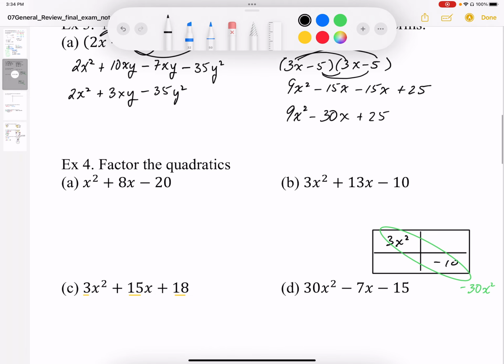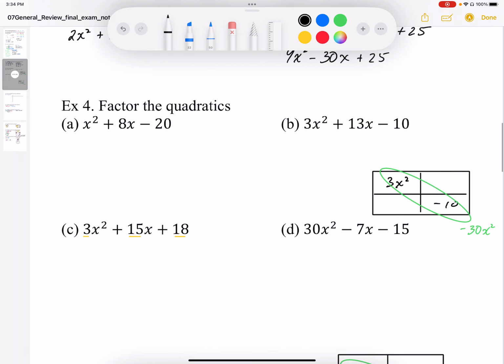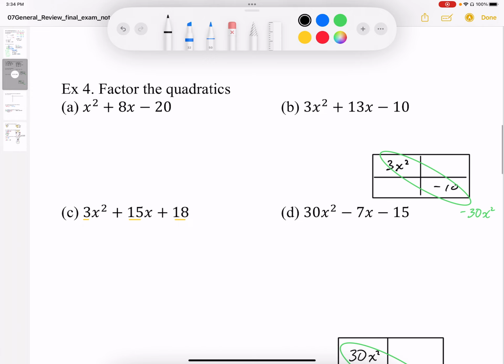So factoring is going to be the opposite of multiplying. So we're going to rewrite this as factors that multiply to each other. To do this, we're looking for two numbers that multiply to negative 20, and they're going to add to the plus 8. Okay, so numbers that multiply to negative 20 are going to be 10 times 2.